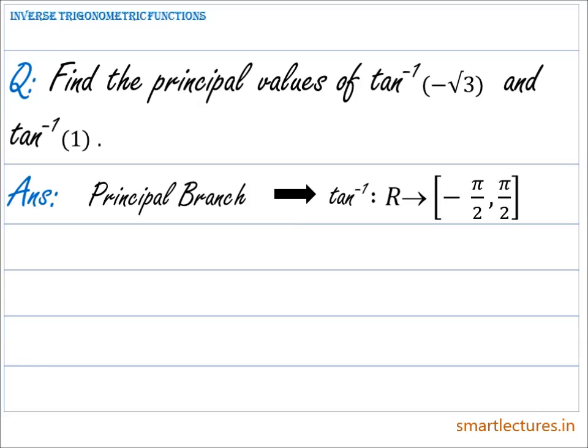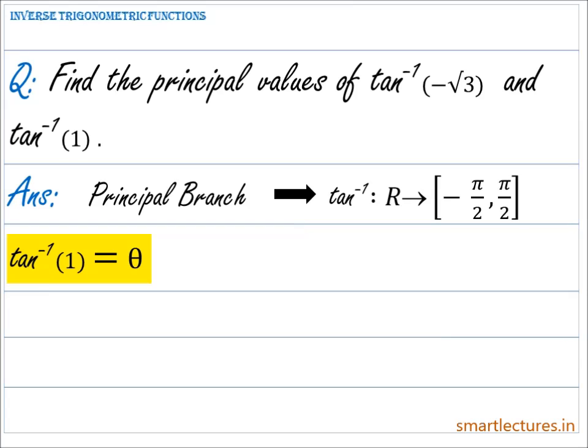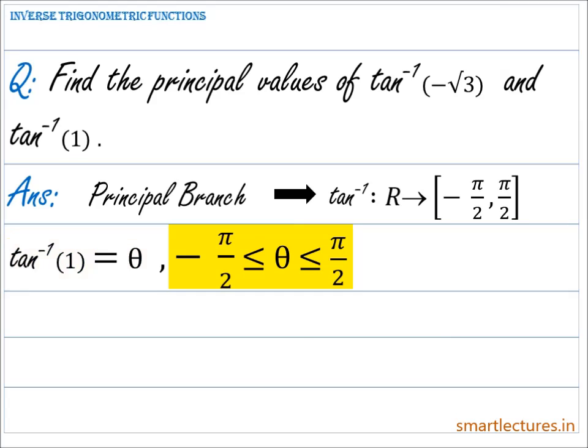And now let's find the value of tan inverse 1. Again, let tan inverse 1 be equal to theta, where theta is the angle which in the principal branch is always greater than or equal to minus half pi and less than or equal to half pi.